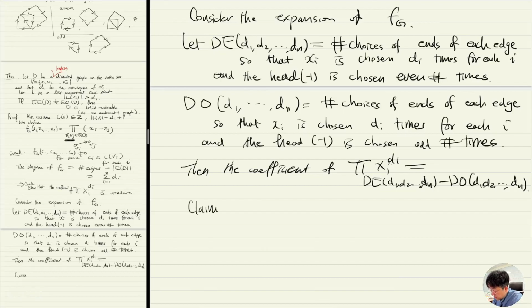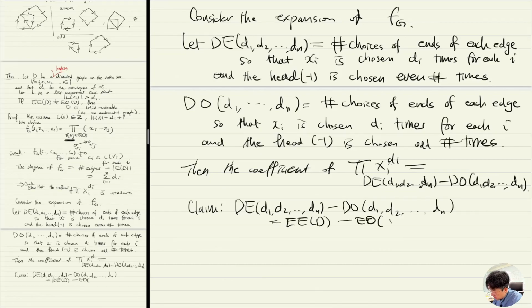Now we claim that dE of d1, d2, up to dn minus dO of d1, d2, up to dn is equal to EE of D minus EO of D, the difference between the number of even Eulerian subgraphs and the number of odd Eulerian subgraphs. Now, to prove this, we find a bijection.